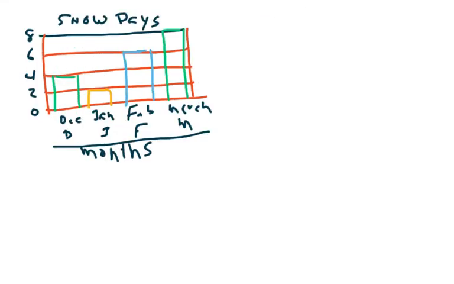All right, so here we have a bar graph. Bar graphs are used, again, to show information and picture it. So this is a picture of some information. Well, let's try to understand what the graph says. Up here at the top is the title, and it says snow days. So I guess it is the number of days that it snowed.